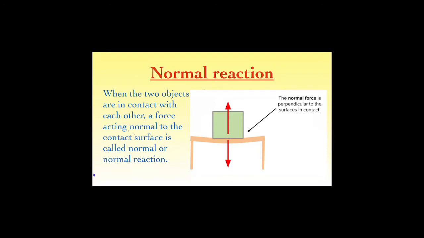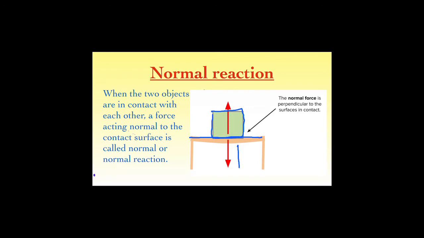Next is normal reaction. When two objects are in contact with each other, a force acting normal to the contact surface is called normal reaction. In the figure, a block has been placed on the table. A force equal to the weight of the block is acting on the block downward.